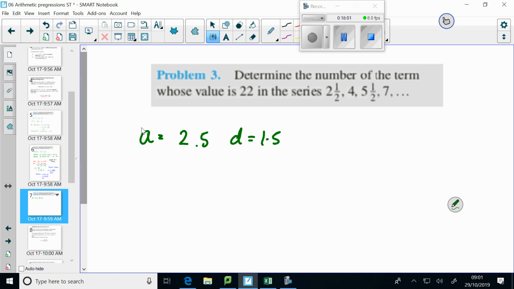Right? So we want to know the term where the nth term is a plus n minus 1 times d. What are we looking to find here? n. We're looking to find n.